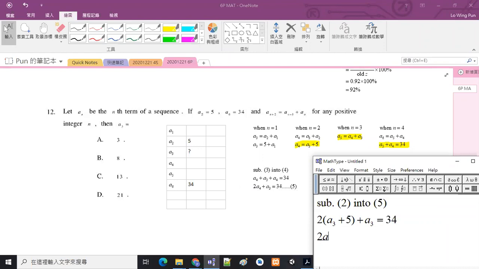Okay, so we have 2A3 plus 10 plus A3 is equal to 34. So 3A3 is equal to 24, which means that A3 should be equal to 8. Okay, and that is our answer.